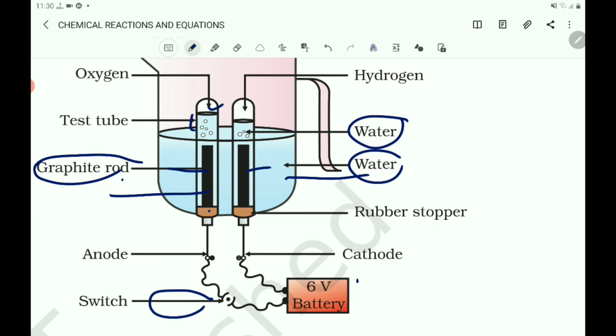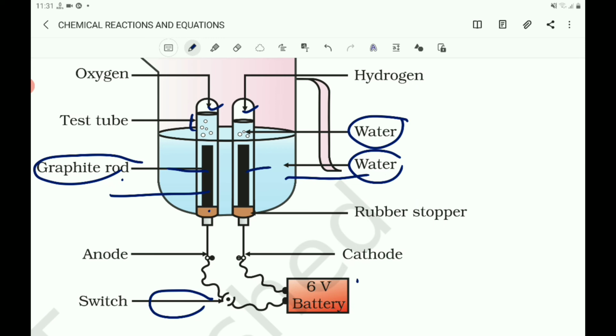Remove the test tubes filled with the gases and bring the burning candle near both. What you can observe here: in one test tube the gas burns with a pop sound, and in the other test tube the candle burns more brightly.